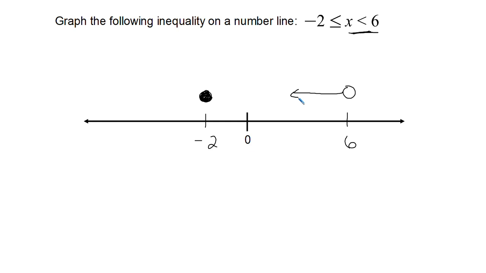So that'd be going this direction. But we also have numbers that are more than -2, which would be going this way, right? -2 is less than or equal to x just means that x is greater than or equal to -2. Well, if they're coming towards each other, we'll just draw a single line between them.